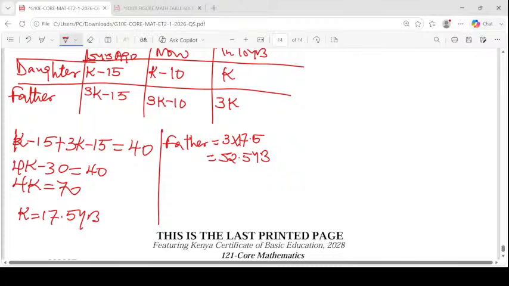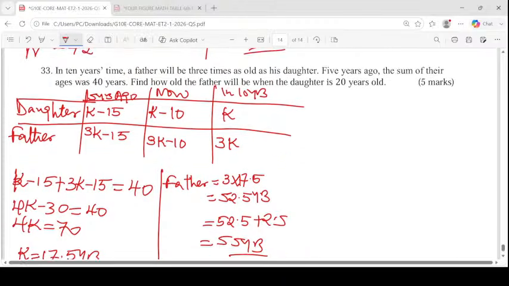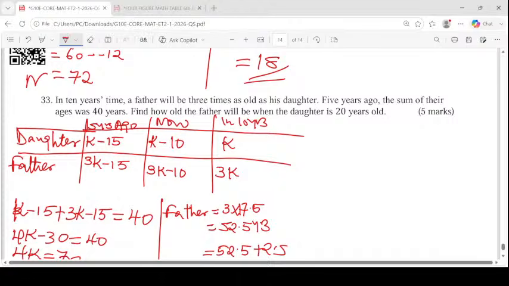In order to be 20 years, you add here 2.5. Also, you add here 2.5. So, 52.5 plus 2.5, this will be 55 years. The father will be 55 years.